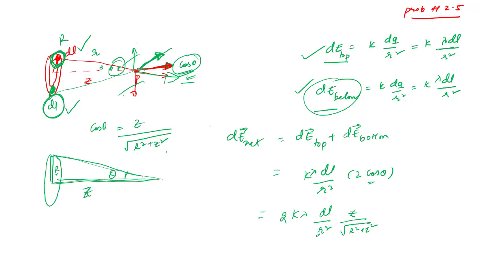Again, this r is also similarly r squared plus z square. So I would get 2k again, just like the previous problem. I get 2k lambda dl z divided by r squared plus z square whole to the power 3 by 2, sorry.